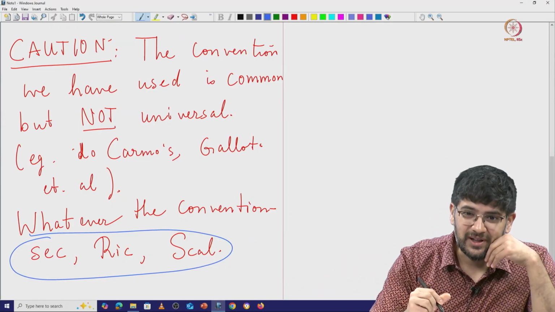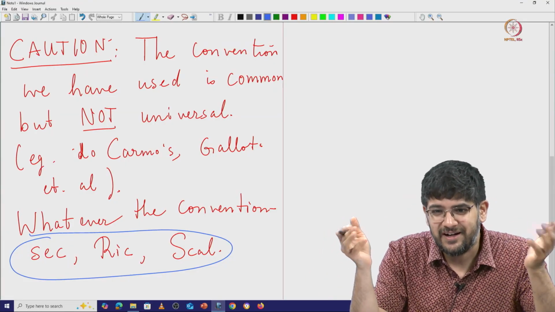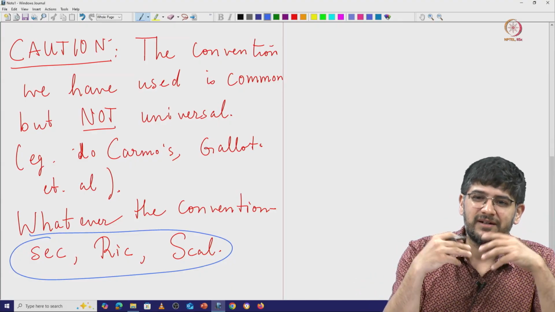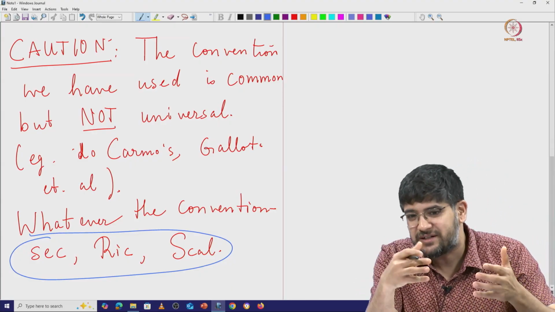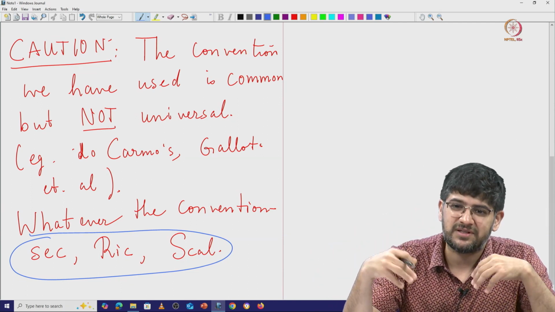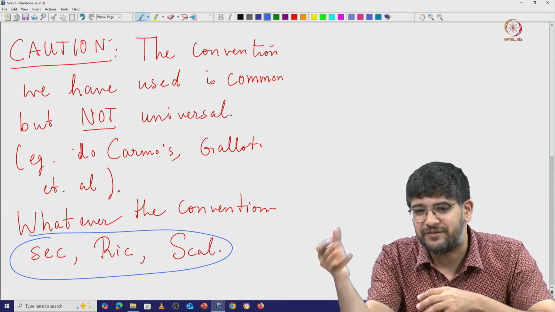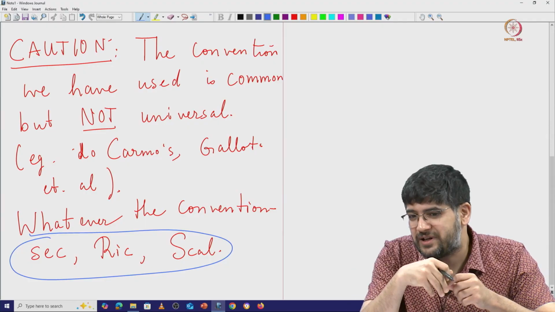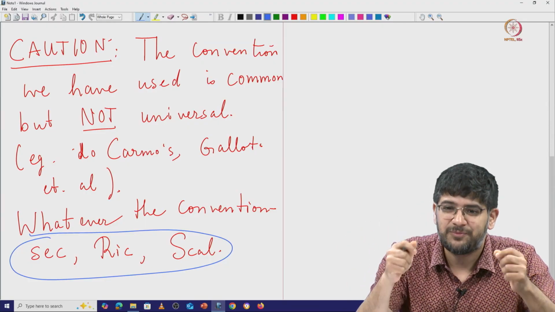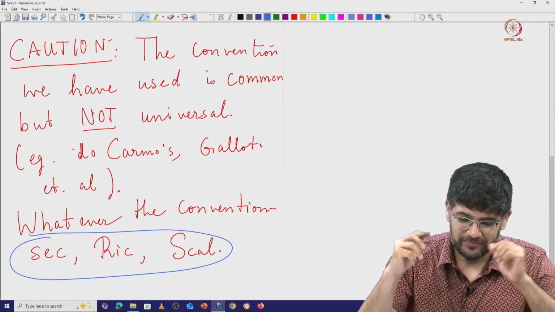If people did not agree with the conventions, it would be chaos. So just to repeat, the only difference in convention comes when one talks about the Riemann curvature endomorphism and the Riemann curvature tensor. Whenever you open a new book in Riemannian geometry, always be careful of what convention the authors are using.